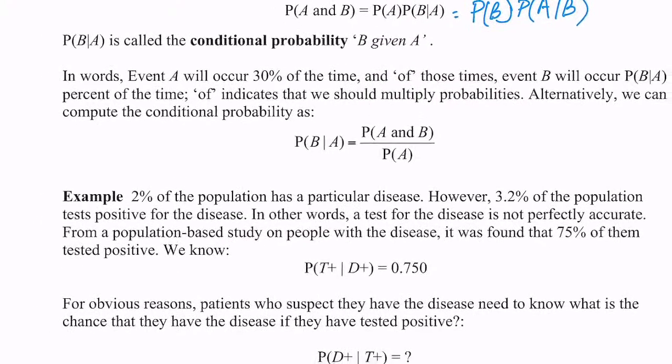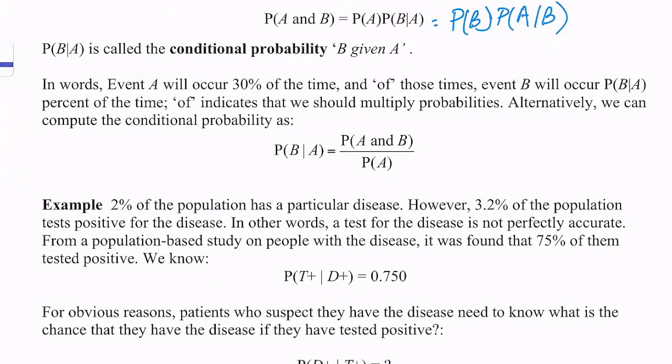Okay, so 2% of the population has a particular disease, let's say. However, 3.2% of the population tests positive for the disease. Okay, so what's happened? The test is not accurate, right? It's too sensitive. In other words, a test for the disease is not perfectly accurate.